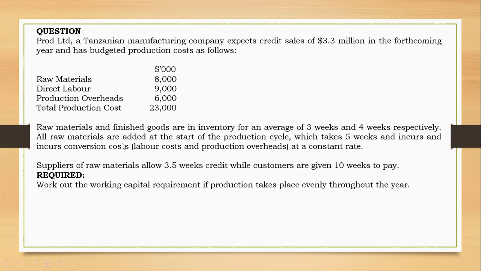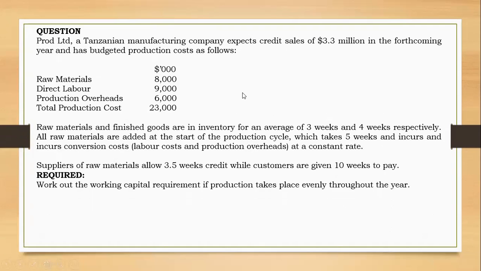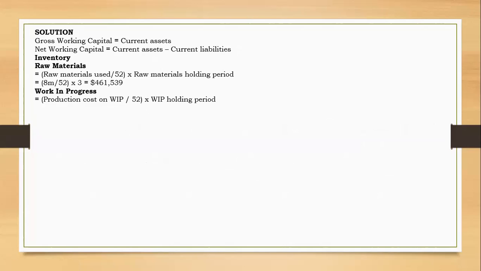All this is the production cost, but we are told that all raw materials are added at the start of the production cycle. So we presume that all these 8 million would be counted in the work in progress. But since the production takes place evenly throughout the year, I will take the conversion cost, that is 9 million and 6 million, and take 50% of them, because I am not provided with the full completion of the work in progress.